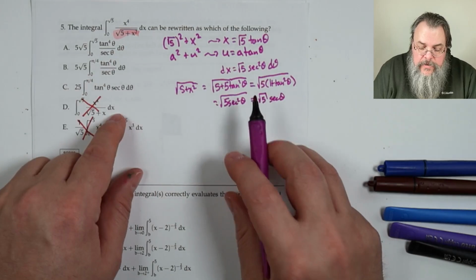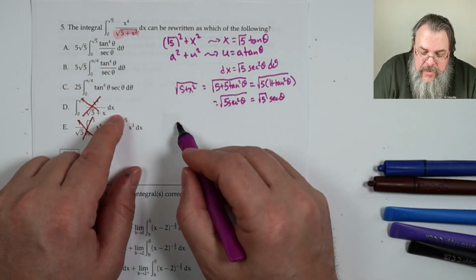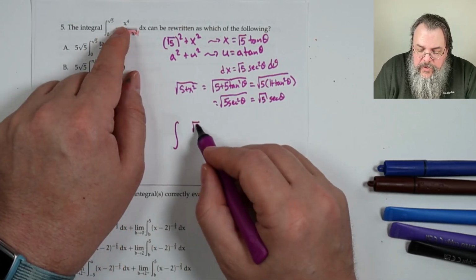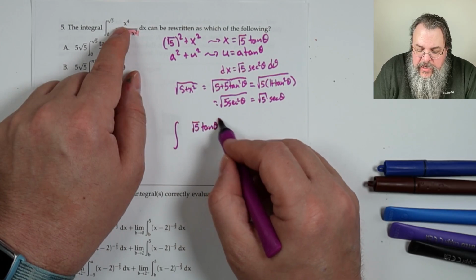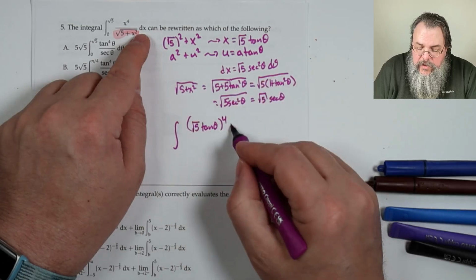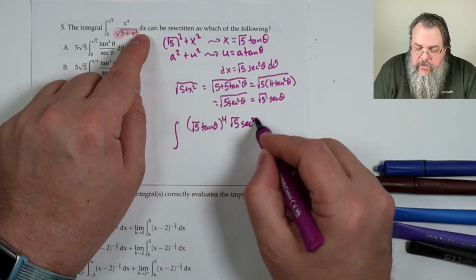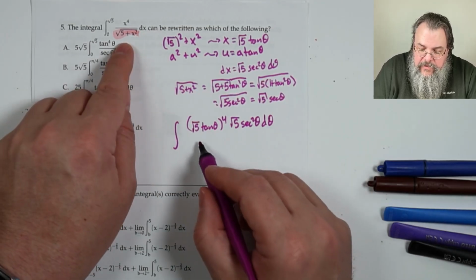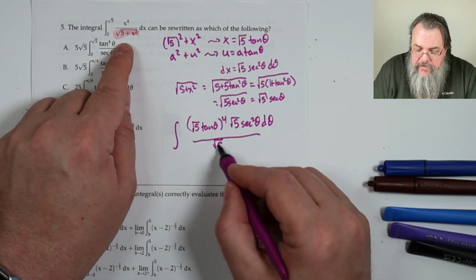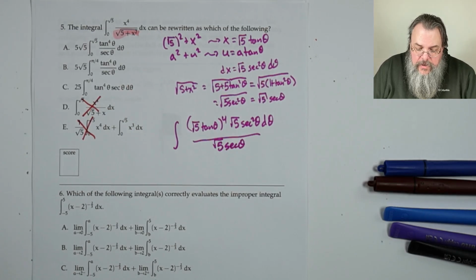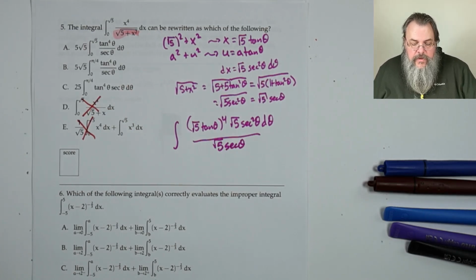All right, so now let's see what we have. We have an integral. We have x to the 4th, square root of 5 tangent theta to the 4th. We have a dx, square root of 5 secant squared d theta. And then we have the downstairs, square root of 5 times secant theta. And at this point we say, well, okay, what's there?